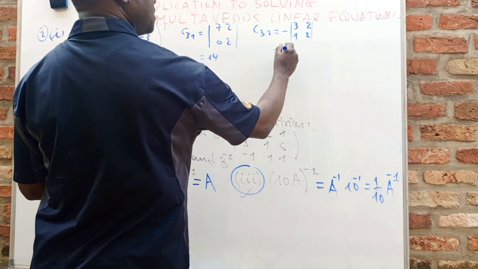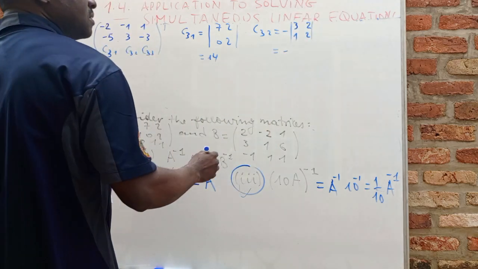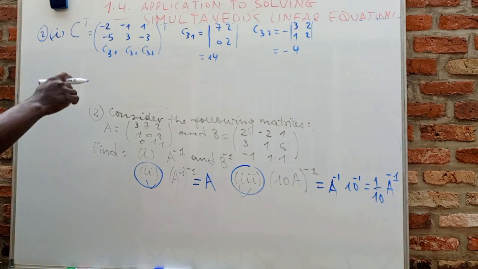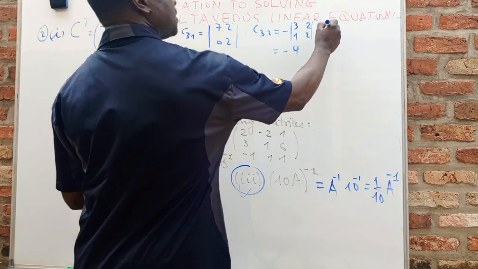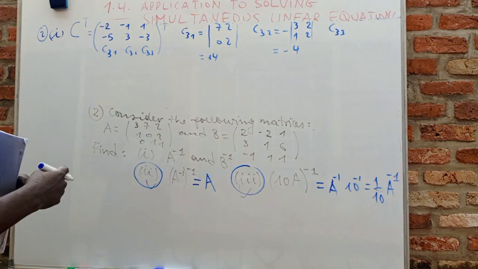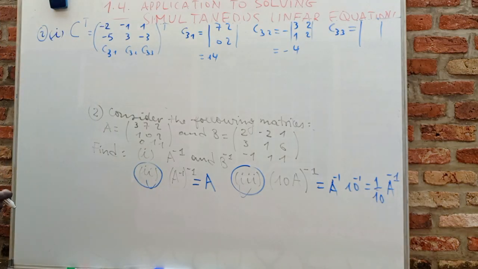So the result is negative 6 minus 2, which is negative 4. Because 6 minus 2 is 4, we take a negative sign. Then C33, we have an even power of negative 1, so a positive determinant.